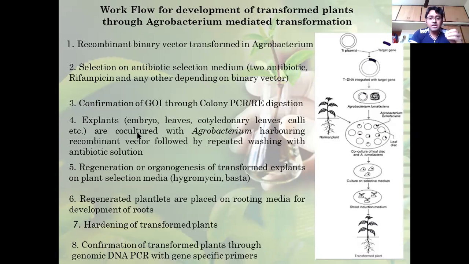This is the totipotent nature of the plant, regenerating a plant from an explant. It may be embryo, leaf pod, cotyledonary leaves, as well as the calli. For indirect organogenesis, we need the calli, where direct organogenesis from any explant like embryo or leaves is not possible. So these explants are co-cultured with the Agrobacterium, which forwards the recombinant binary vector.